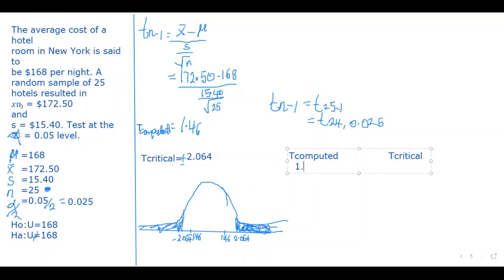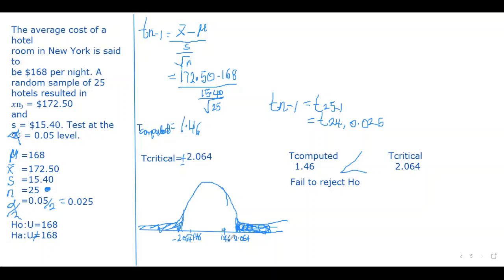So positive is 1.46. Negative is what? 2.064. So t computed is what? Less than 2.064. So we do what? We fail to reject. So the decision will be fail to reject. Better still, you can use the graph here, because positive 1.46 is not in the shaded region, and the shaded region starts from 2.064.